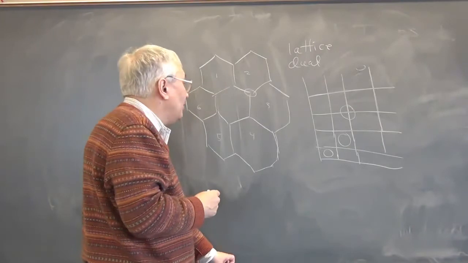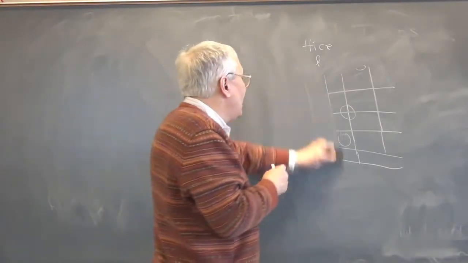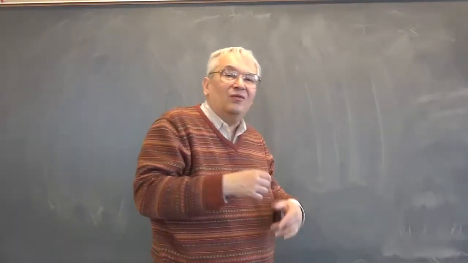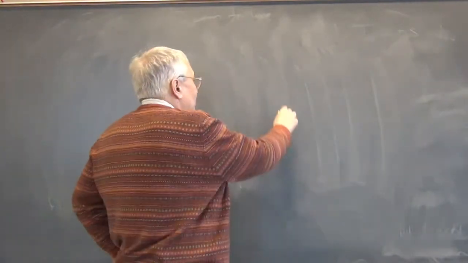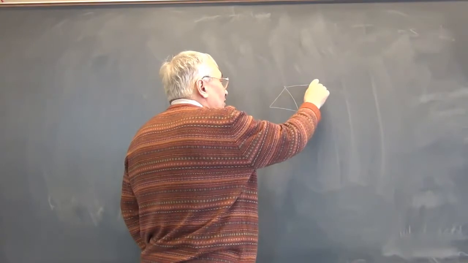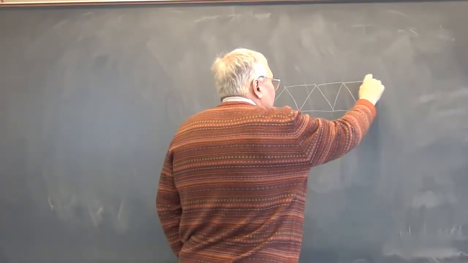Now, there's another way you can completely dissect a plane by using a regular, simple-minded, completely regular geometric shape. And that's the equilateral triangle. Of course, you have to be a little creative on how you do it.